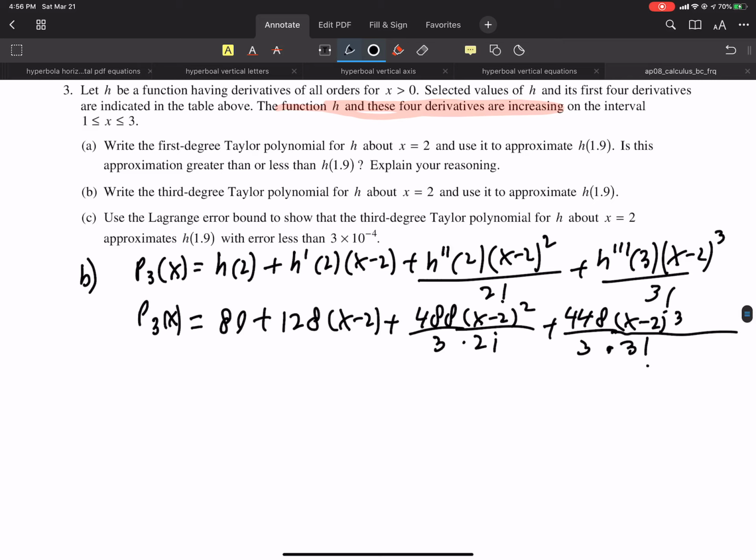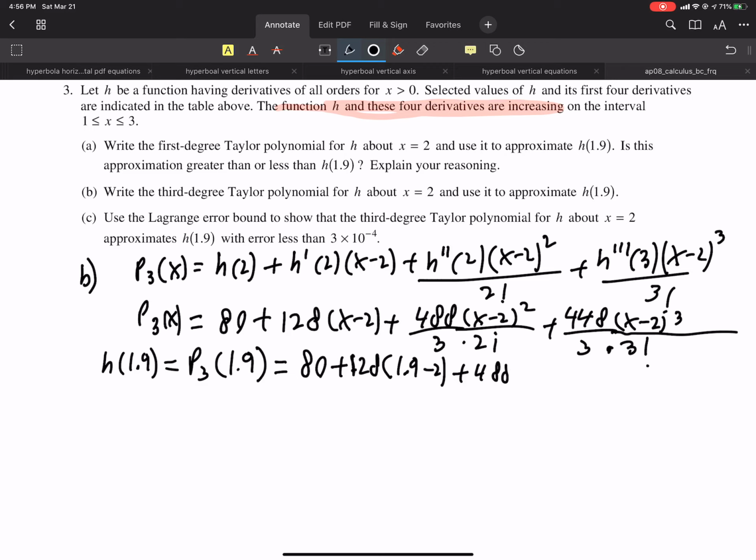And then the last step, we just plug in 1.9. So the approximation for h of 1.9 using our third degree Taylor polynomial is just plugging 1.9 into our Taylor polynomial, and we are finished. Remember, you don't have to simplify the coefficients or anything.